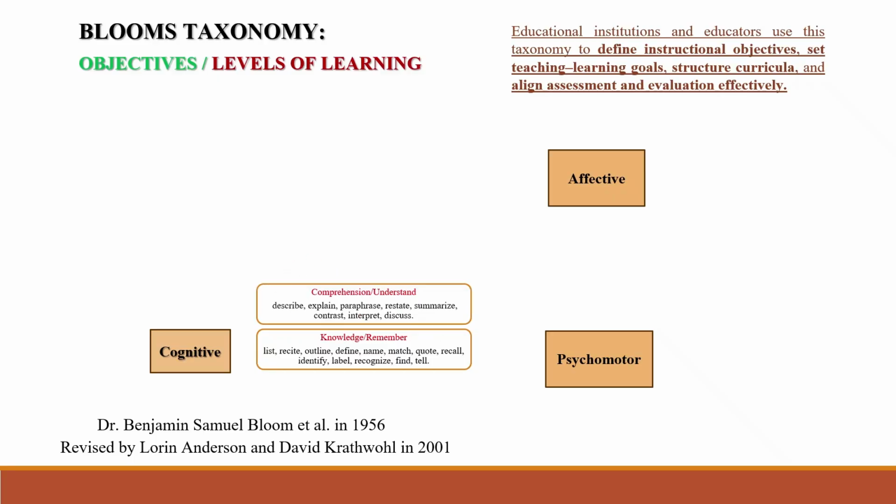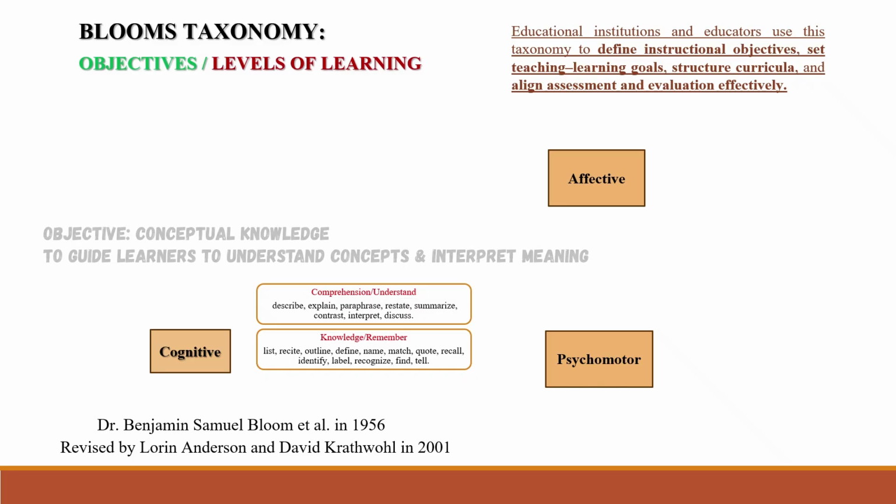Next, the second level of the cognitive domain. It is named as comprehension in the original version and understand in the revised version. At this level, the focus is on conceptual knowledge. Here, educators should guide students to understand concepts deeply and interpret their meaning rather than just memorizing facts. And at the end of this level, the learner should be able to grasp and explain ideas in their own words.